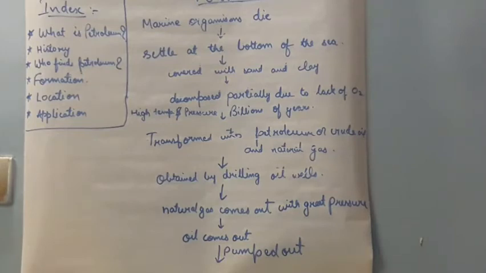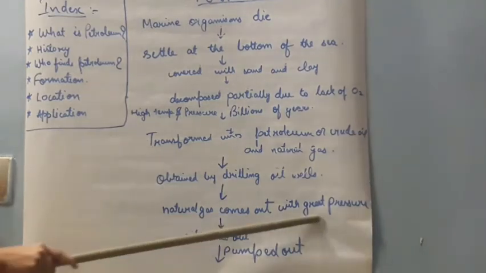Then when they find that a particular place has petroleum compounds, they use drilling machines, heavy machines also known as high loaded tractors, and using those equipments they drill oil wells deep inside the earth's crust. When they drill, first natural gas comes out from there with very great pressure.